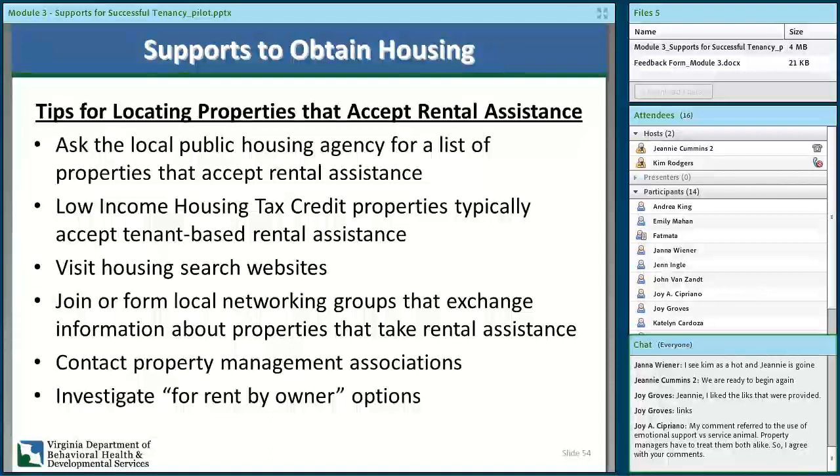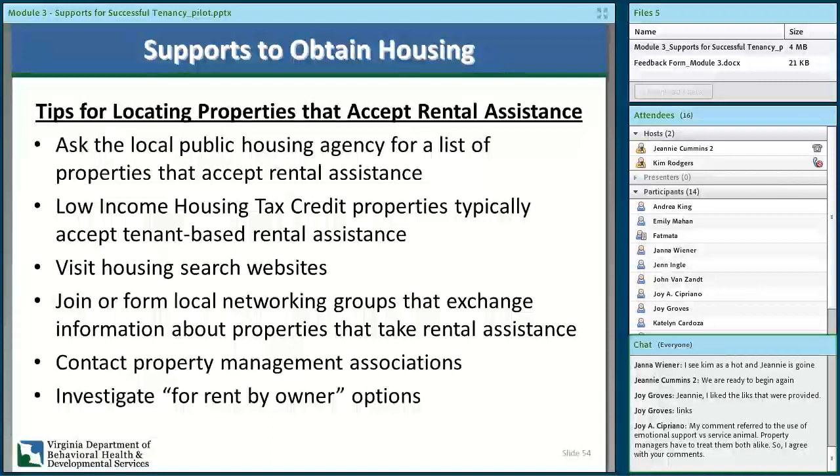Next, find the low-income housing tax credit properties in the area. Tax credit properties typically accept tenant-based rent assistance such as housing choice vouchers. You can see the FAQ for Module 3 for a link to a list of tax credit properties throughout Virginia.